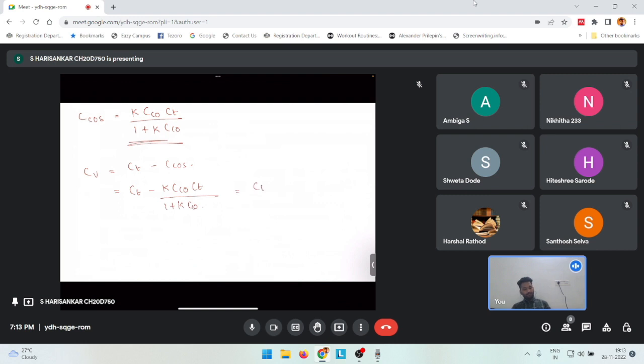That means Ct into 1 minus K CCO by 1 plus K CCO, which is 1 plus K CCO minus K CCO by 1 plus K CCO. So this will get cancelled and it will become Ct by 1 plus K CCO. This will be your term for the vacant site.